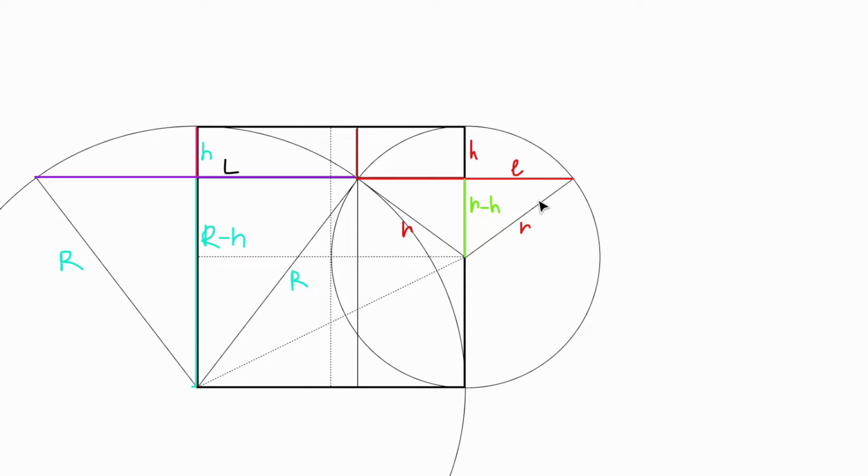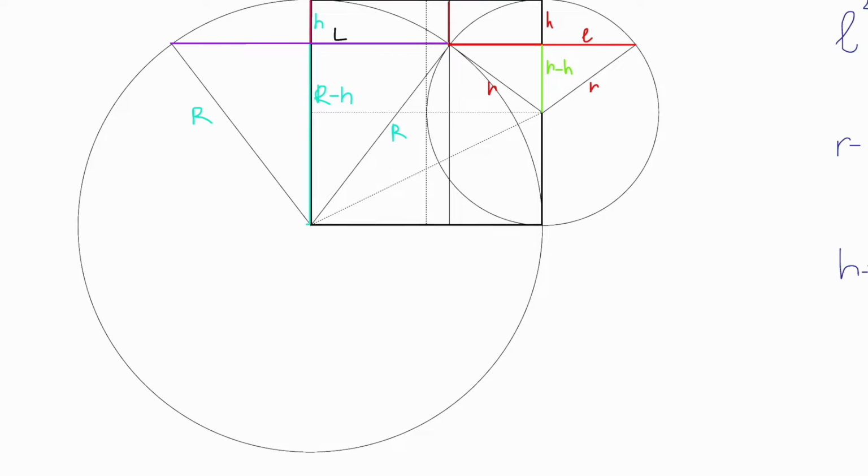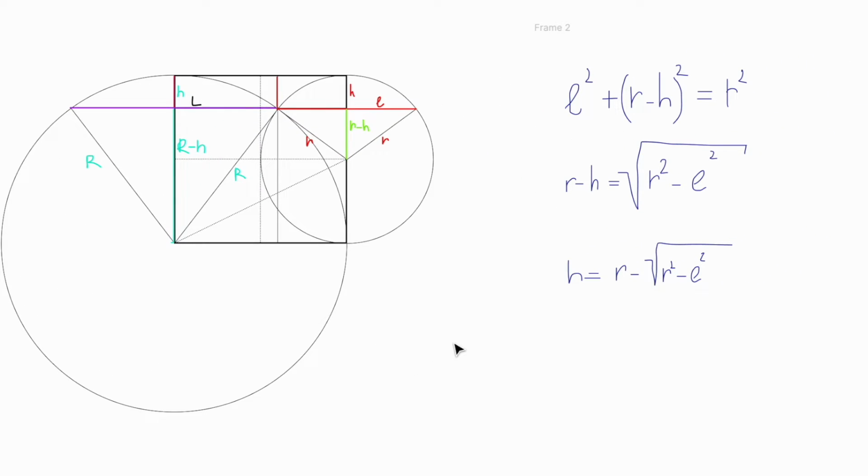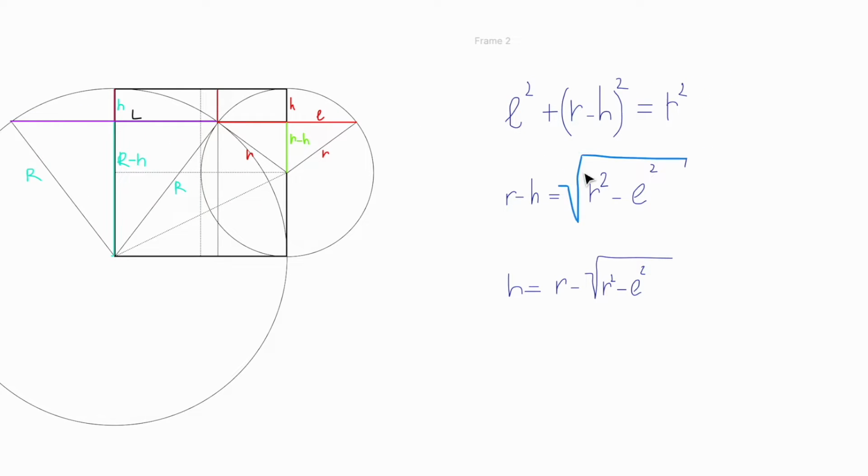The hypotenuse is a small radius. The small radius, as you understand, is equal to half the large radius. This is clear from the condition. So, we can get h from here, but as you can see, we don't know l. And that's a problem. Otherwise, the task would have already been solved.